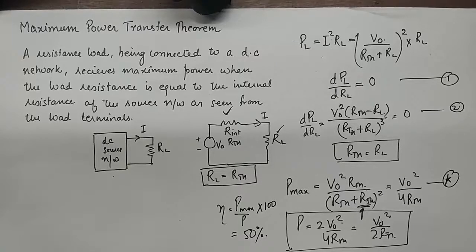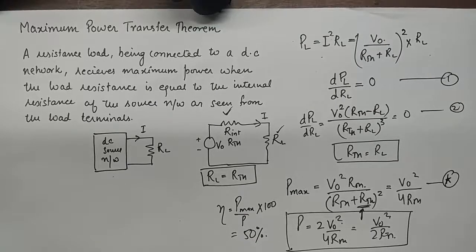But the fact of the matter is, whenever you get a numerical where you need to find the load that will dissipate the maximum power, you'll need to first reduce that network into a Thevenin's equivalent circuit, because the Thevenin's equivalent circuit will give you the internal resistance of the DC source network. And once we find the internal resistance of the DC source network, only then can we equate our load resistance to that value to get the maximum power at the load.